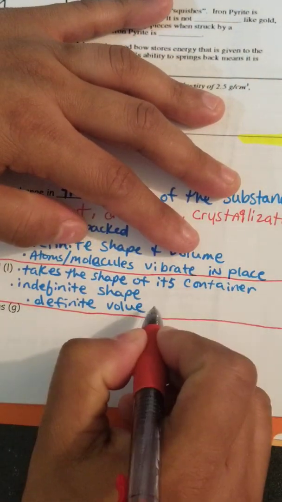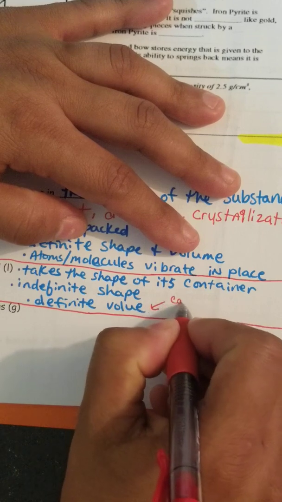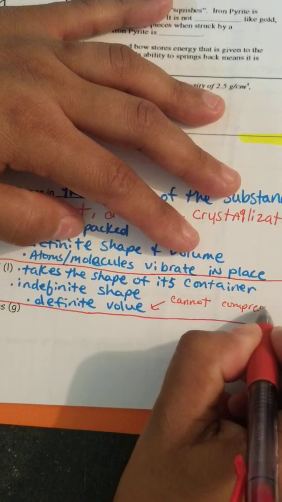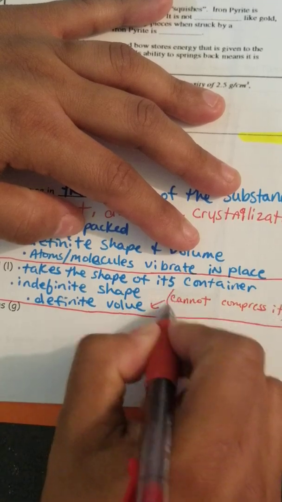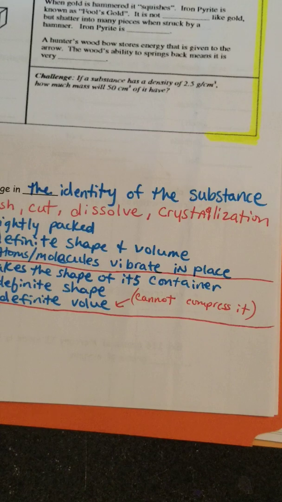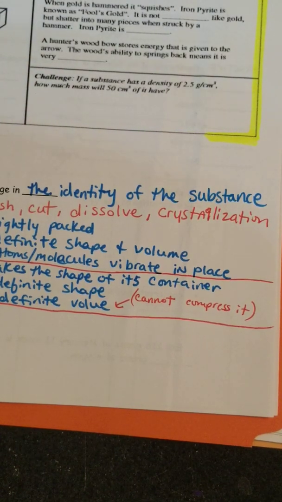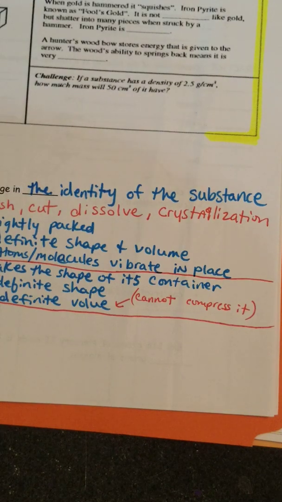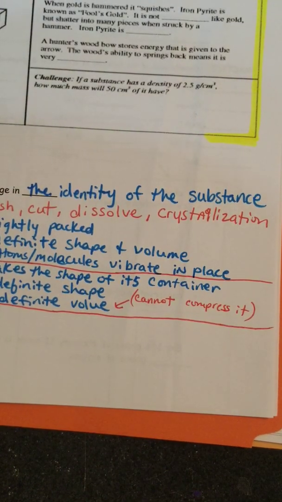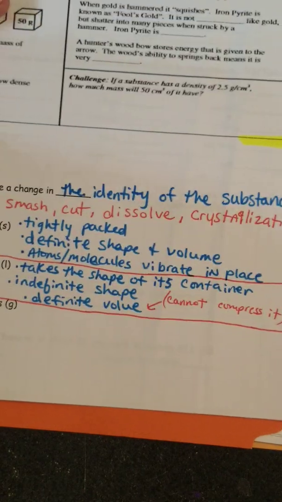The word definite volume means that it cannot compress. You cannot compress it really anymore. It's as smushed as it could be. Now, truthfully, could you? Yeah, but personally, I don't think I'm strong enough to do that. You're going to have to get some kind of machine that can handle the pressure. We can't compress it anymore. It's compressed as it can get.